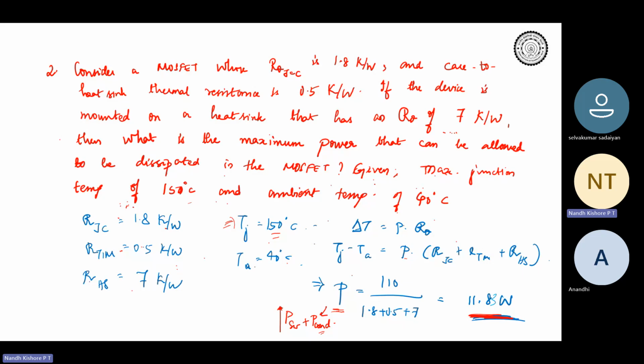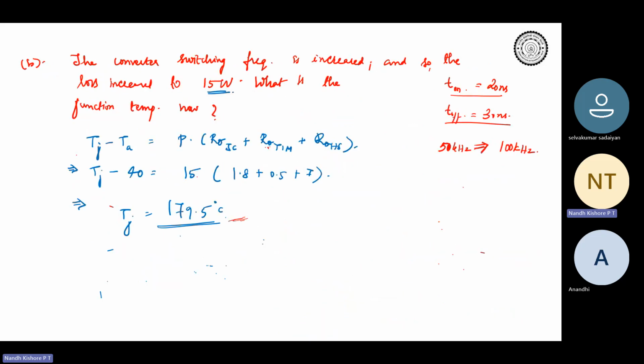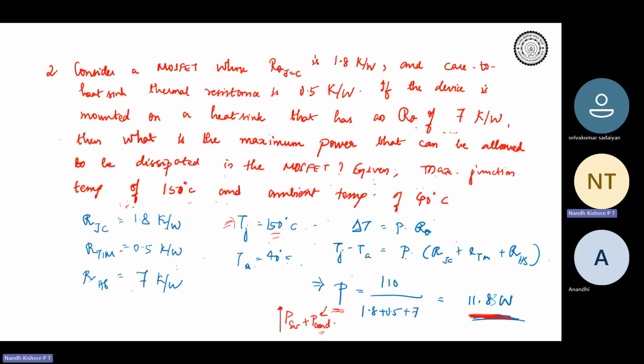The temperature is going to 179.5, the device will blow. So now I have to modify my heatsink design properly so that my junction temperature goes back to 150 degrees.